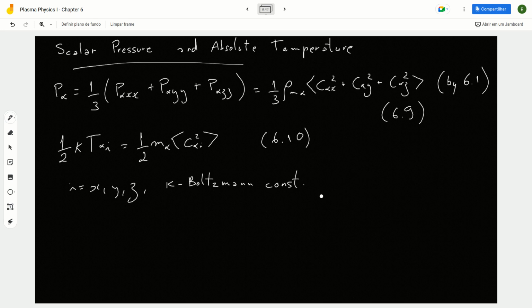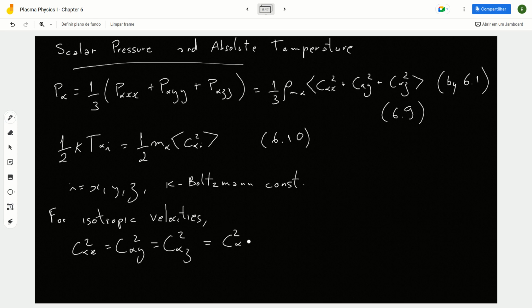If you have an isotropic distribution of velocities, then C alpha square in the direction X is equal to direction Y and direction Z. So we could just say C alpha square over 3.